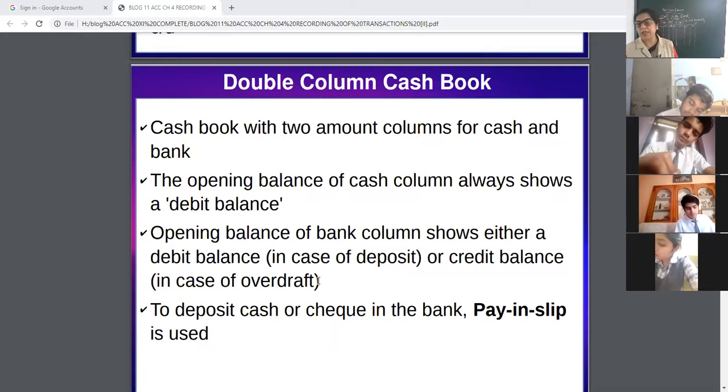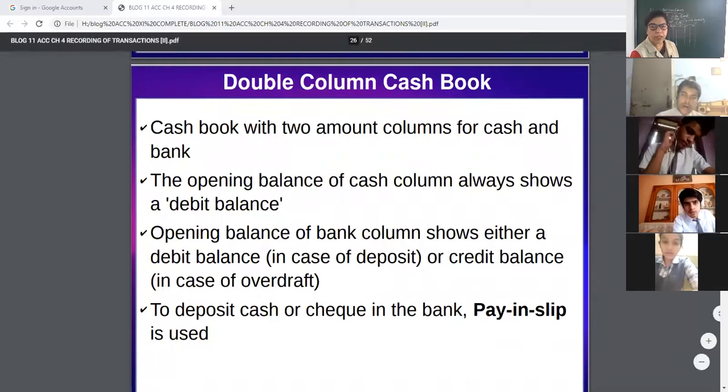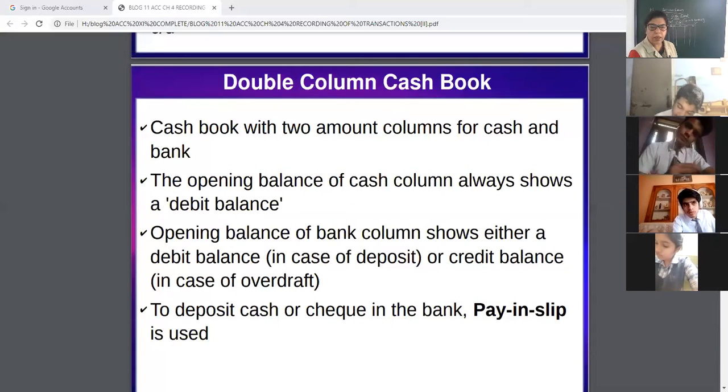Pay slip is available in the bank branch only, but nowadays, because various new technology is coming, they can enter check through computer also. So double column cash book means two column, one is for cash, another is for bank.